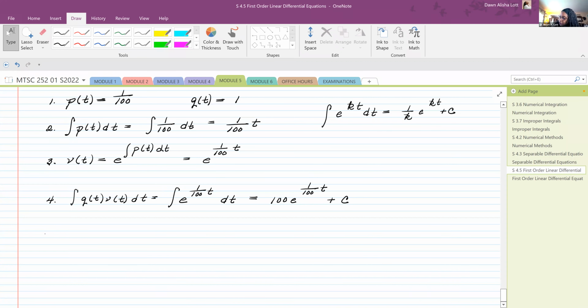So y, step 5, y of t is going to take what we just found, which is 100 e to the 1/100 t plus a constant, and divide by v, which is e to the 1/100 t.